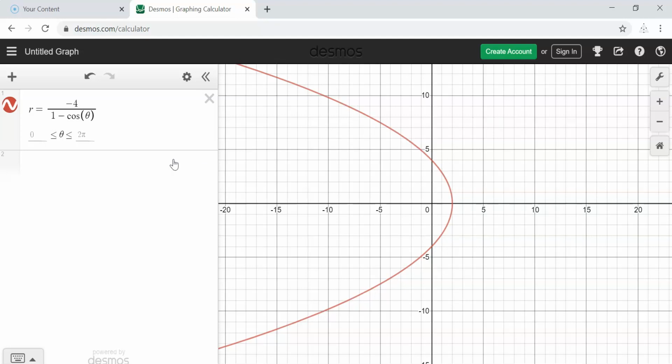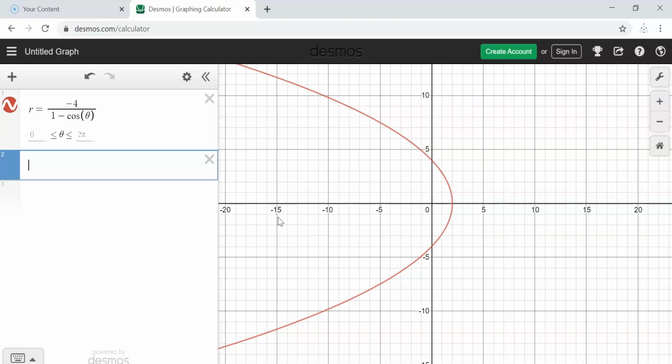You can also see the distance between the pole and the directrix, which we said is -4. Let's take a look at the equation. Since the pole is at the origin, (0, 0), let's think about what that means for the directrix.